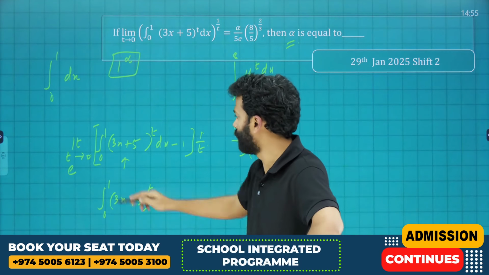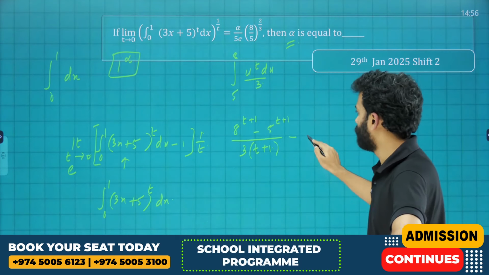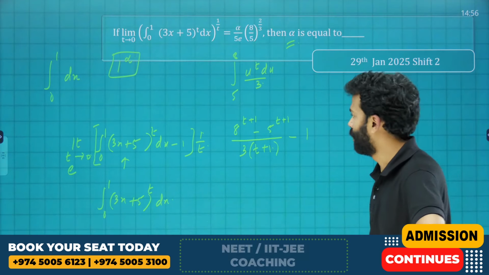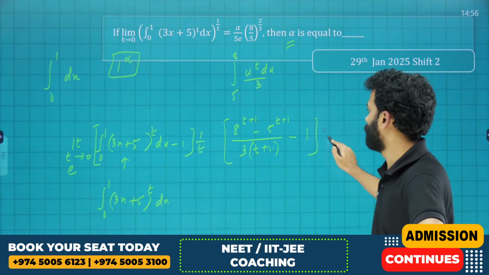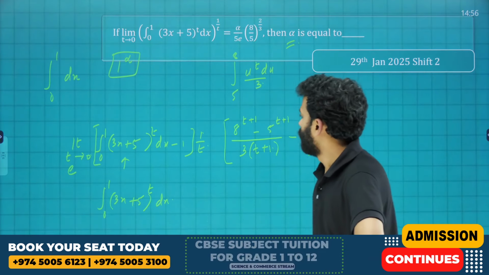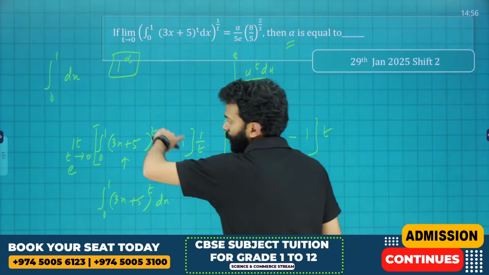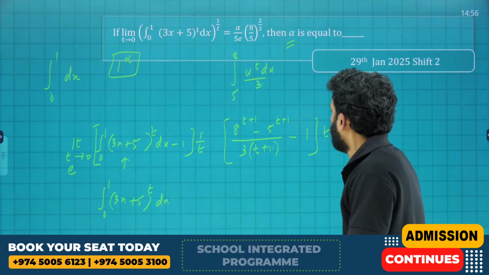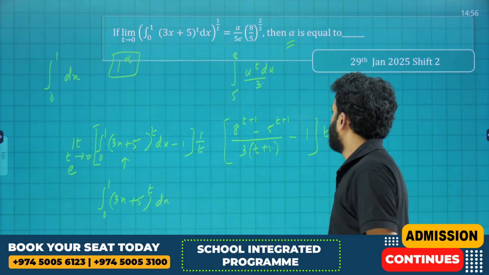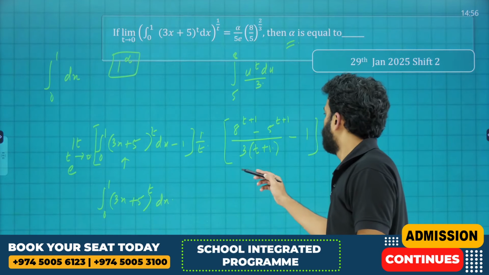So we have done this part, and that part should have minus 1, right? Therefore it will be minus 1, into another 1 by t which is also here. Just beware of that. See, what I have done is integrated this part, subtracted 1 from that, and applied this here. Let's cross multiply this and see what you will get.